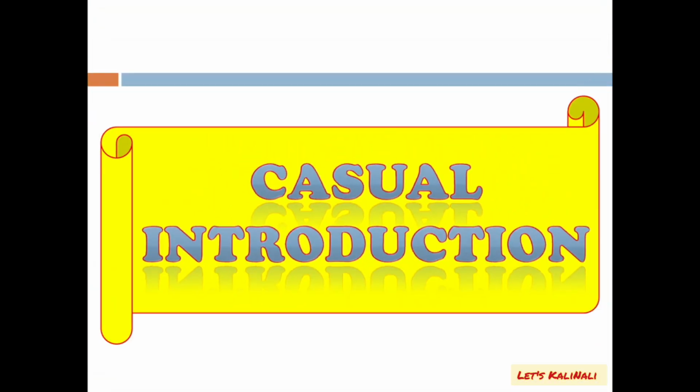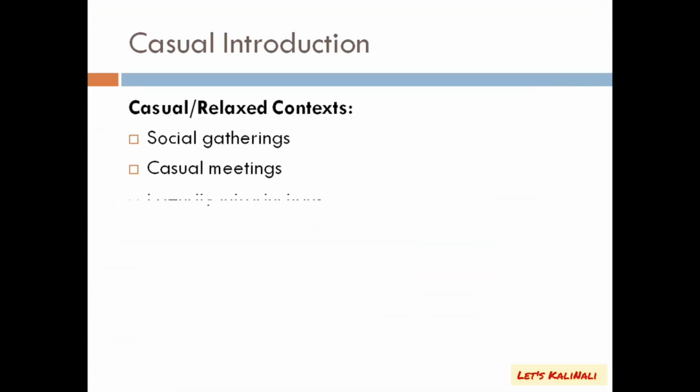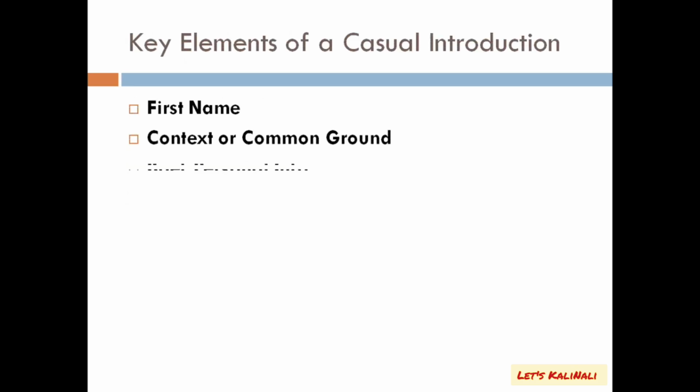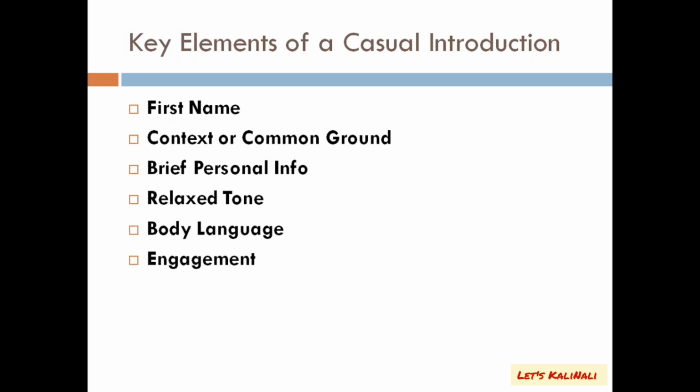So a casual way of introduction, mainly we use these kinds of casual introductions in social gatherings, casual meetings, friendly introductions. So these are the contexts or situations. And then here we need to mention the first name, and in which context, in which situation we are introducing ourselves.